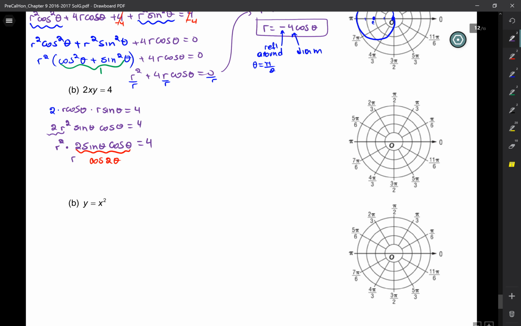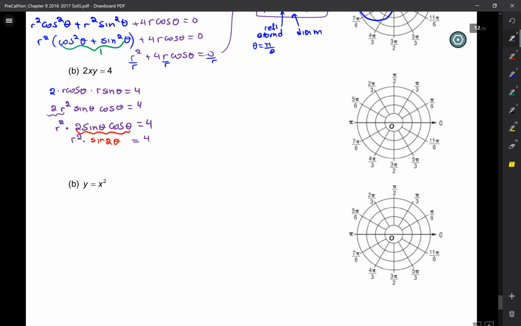So this is r squared cosine 2 theta is equal to 4. I'm sorry. It's sine 2 theta. I misspoke. All right? It's sine 2 theta. So r squared is equal to 4 over sine 2 theta.